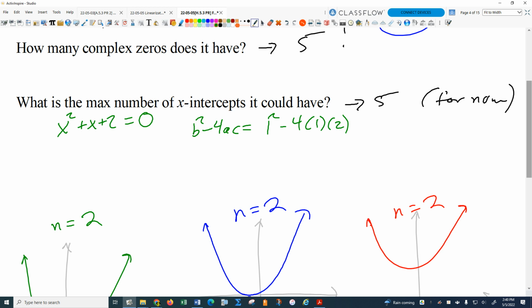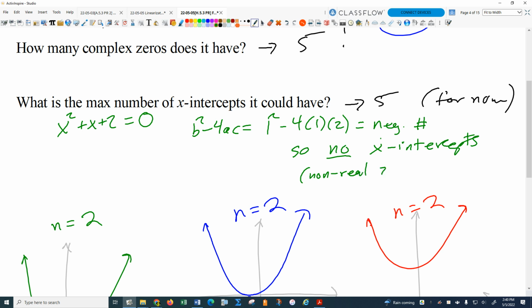Right? The discriminant is going to equal a negative number, so no x-intercepts. Right? No x-intercepts because we have non-real zeros. Okay? Does that make sense?